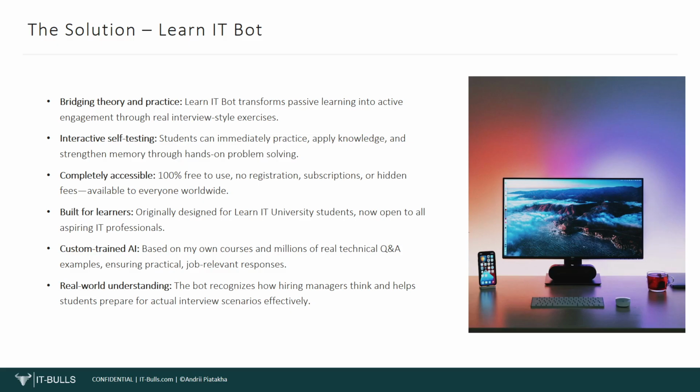But perhaps the greatest strength of the Learn It bot lies in how it has been trained. It is not a generic AI model that gives vague or irrelevant answers. Instead, it has been custom trained on my own courses, on millions of real technical questions and answers, and on authentic insights from real job interviews.